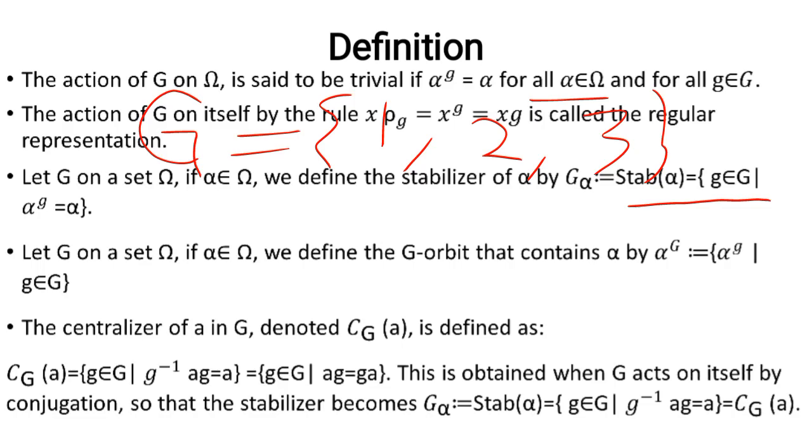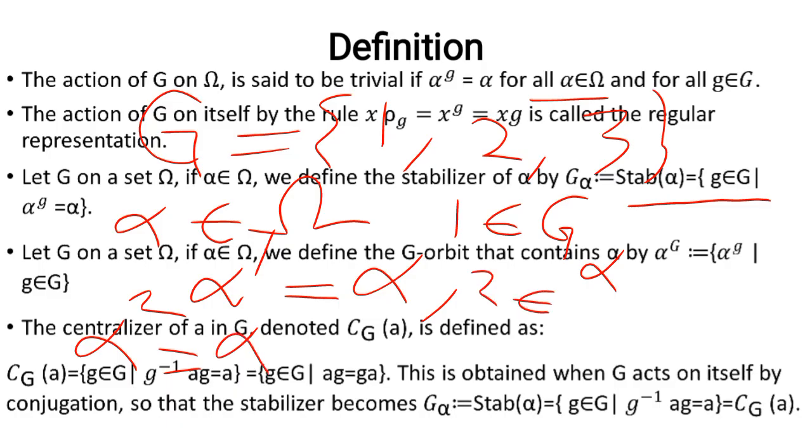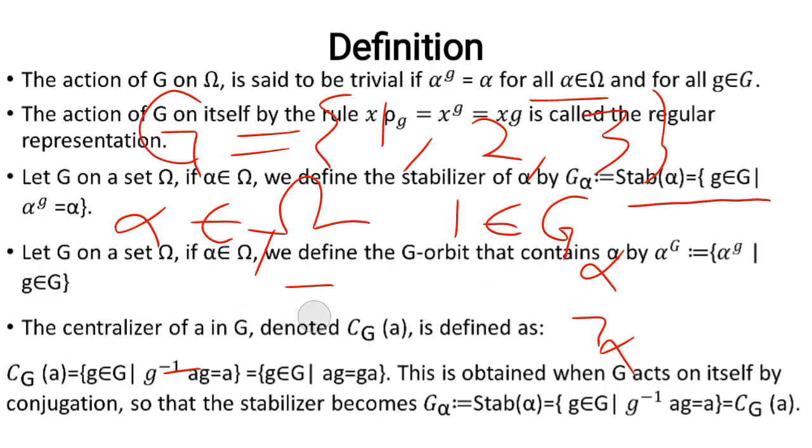And you pick alpha in our set. So whenever alpha 1 gives me back alpha, it means that 1 will be in my set, right? And if alpha 2 gives me back alpha, it means 2 will also be in my stabilizer set. Do you get it? Okay, so that's what we mean by a stabilizer.